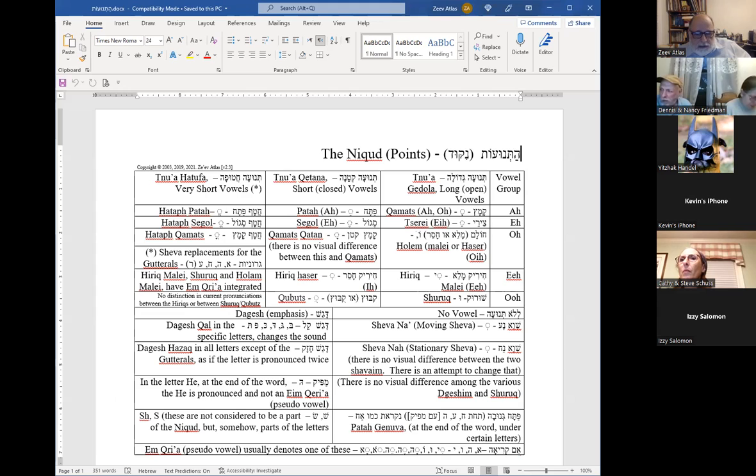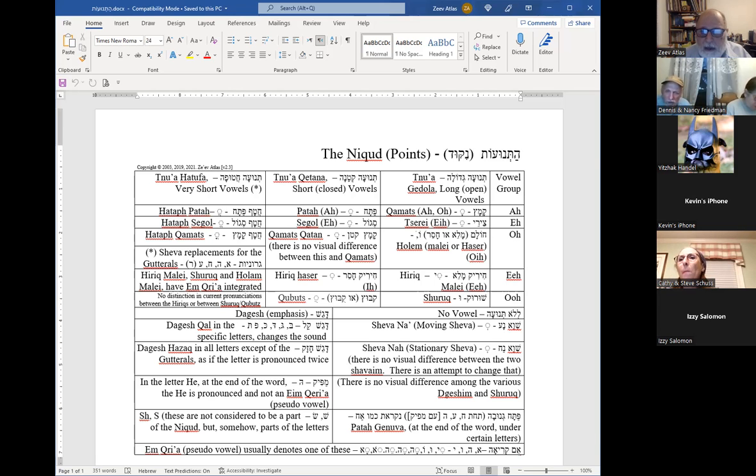So in order to create syllables, Hebrew has the tnuot, which are expressed by way of the Nikud, what I called last time vocalization marks.